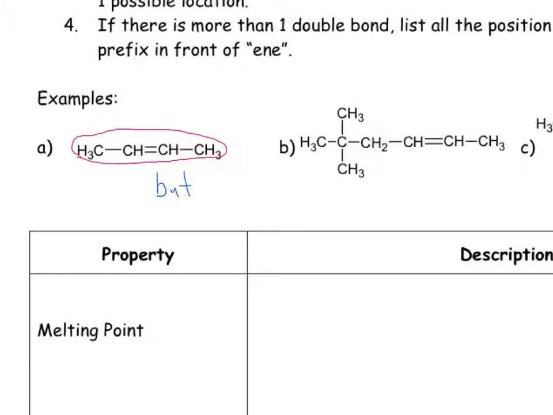If I number my carbons 1, 2, 3, 4, then I have a double bond between carbon number 2 and 3. If I number it from this side, it's still going to give me 2 and 3 as my position number. Now, to indicate where the double bond is, you put the lowest of those 2 numbers, so 2. That indicates that it's between 2 and 3. And then "ene." So this is but-2-ene.